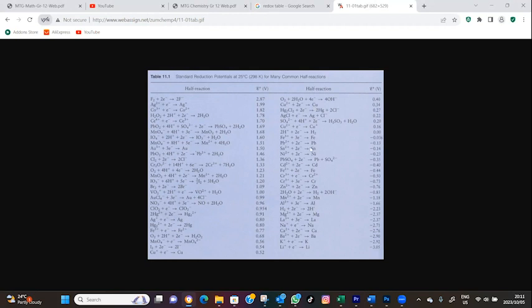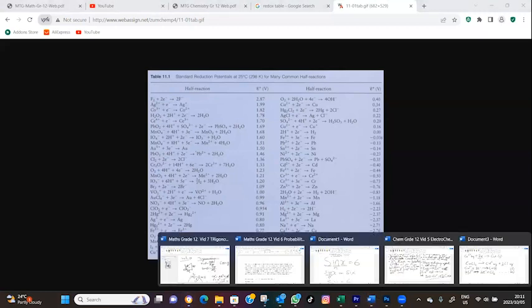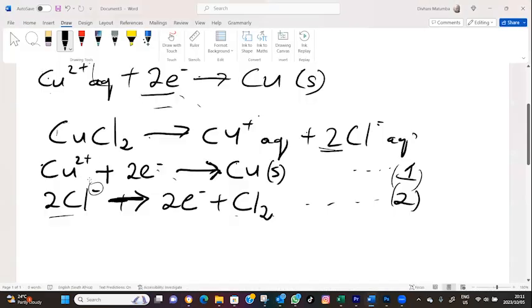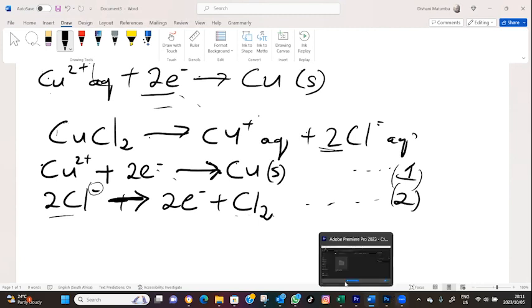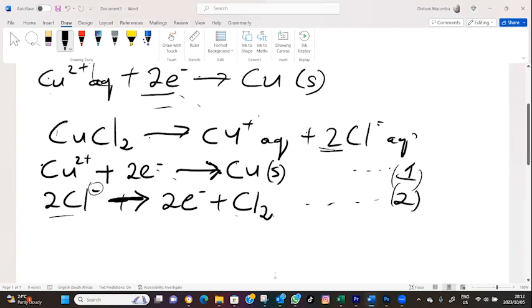The first reaction that I did, we had this solution, and what happened is that copper gained 2 electrons, and the potential difference was 0.34, if I'm not mistaken.